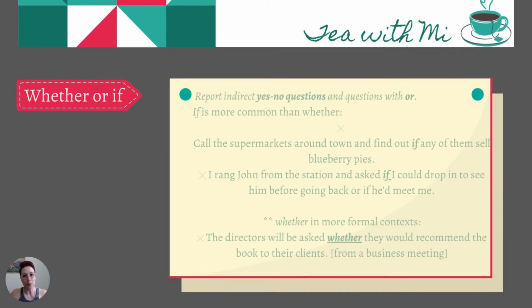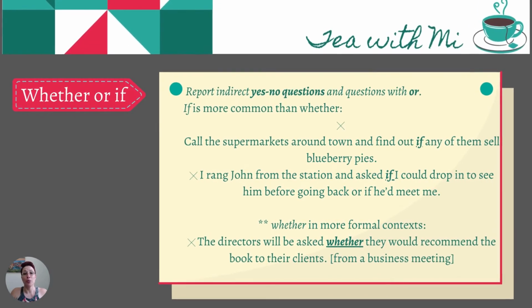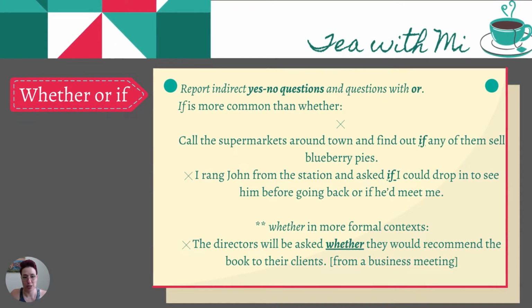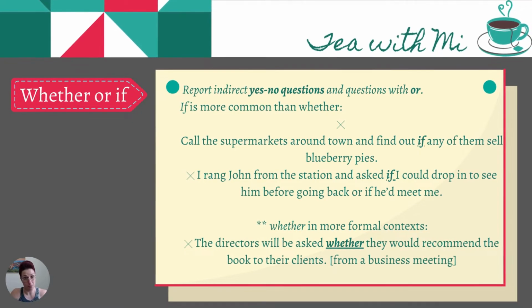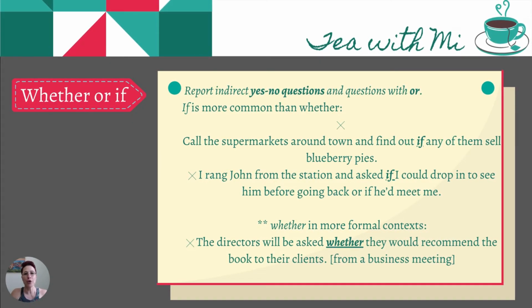For example, when you are reporting indirect questions, you can use whether or if, you're going to choose. If you don't remember what an indirect question is, it is when you are trying to be more polite or when you are under a more formal context and you want to ask a question, make a request without sounding too demanding.